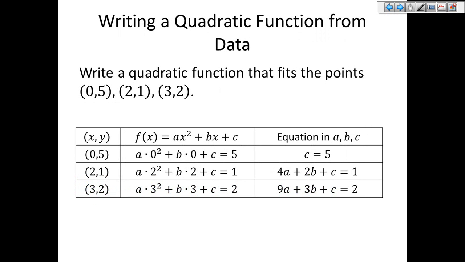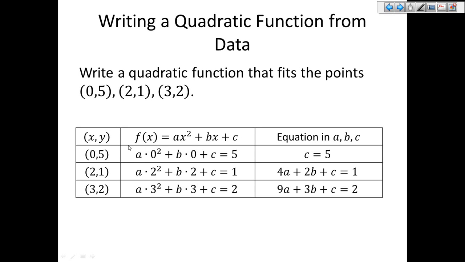Alright, so the next thing that they're going to ask you to do in your homework is to write a quadratic function that fits points. Now, if they give you a problem like this, you do not have to check and see if it's quadratic. They're saying this data is quadratic, just find the equation for it. So, we're going to need to find the a value, the b value, and the c value for this standard form.